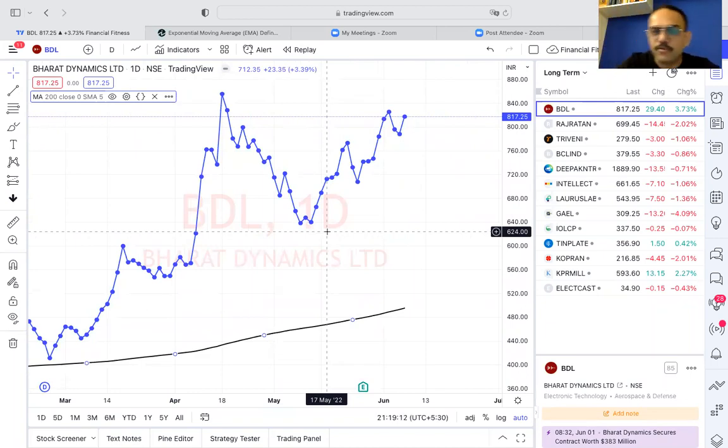If you have to do it manually, you have to write the closing values every day. The closing price will come in the newspaper, and from the newspaper you have to put it in your notebook. In the notebook, you have to calculate the moving average and then plot it on graph paper, which you did in childhood.